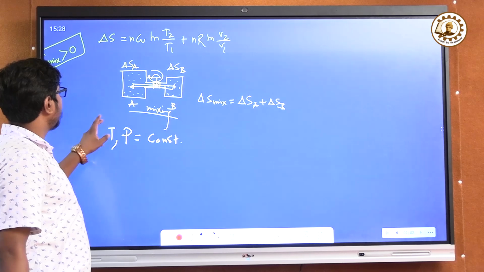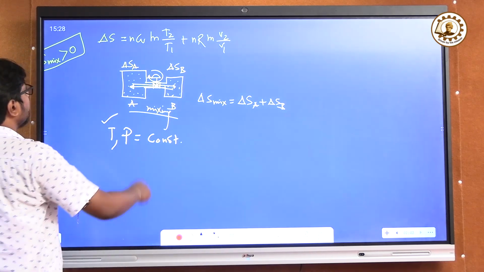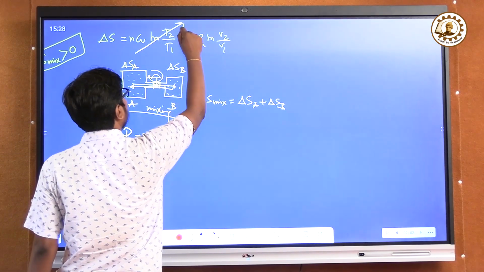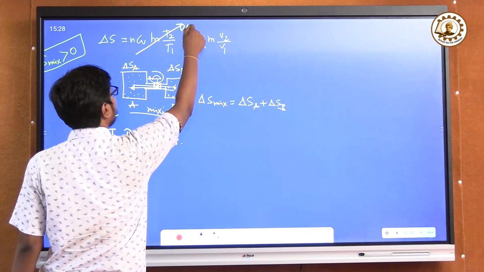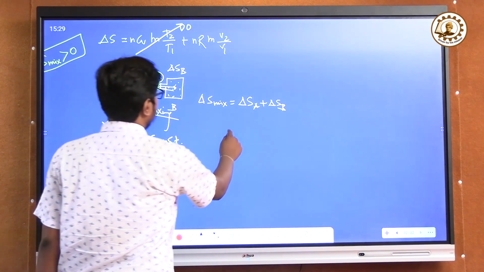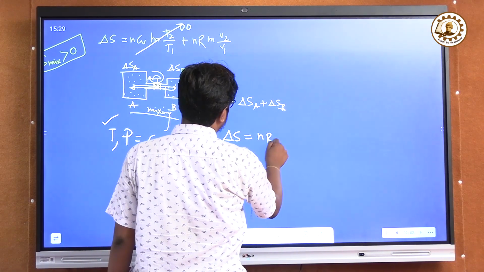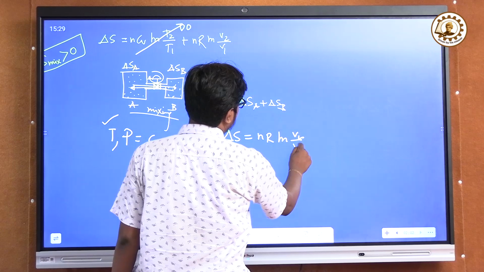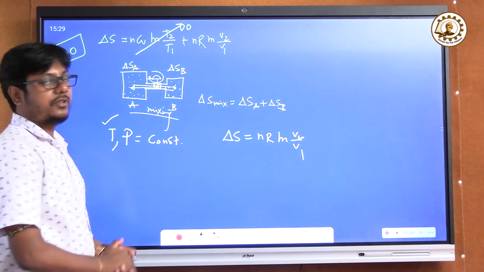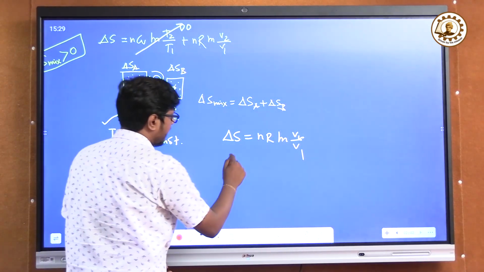So what happens if T is constant? Then this term equals 0. So only delta S equals nR ln V2 by V. Now here we try to work out delta SA.